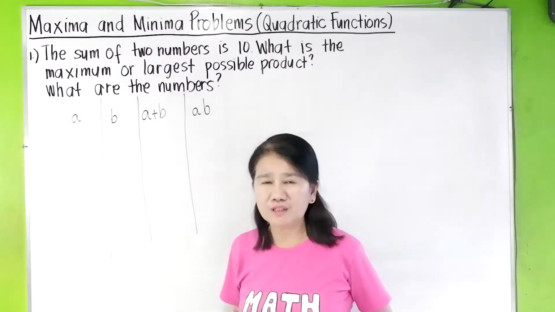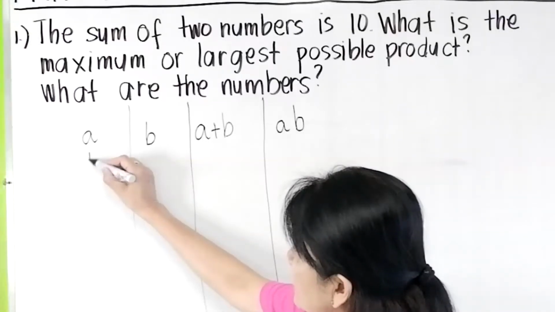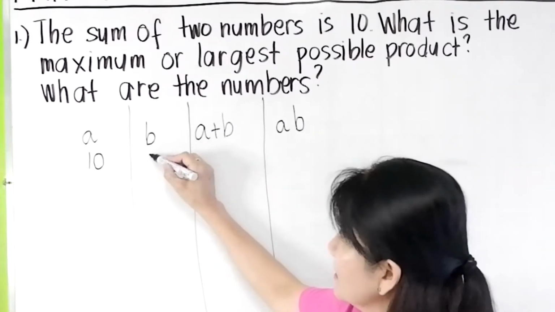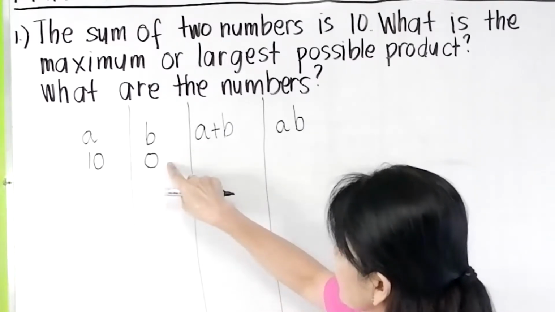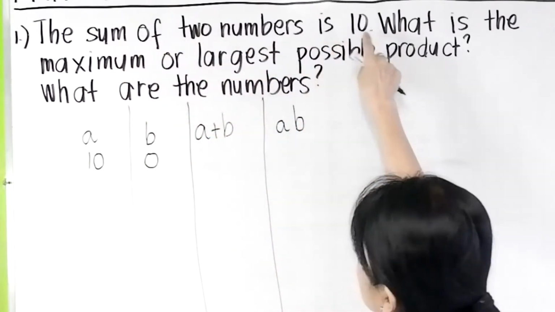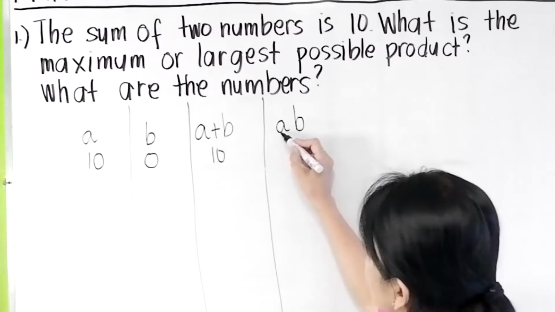Let's tabulate first. Let us say your first number is 10. So your second number is 0. Why is it 0? Remember, the sum of the two numbers is 10. So 10 plus 0 is 10.